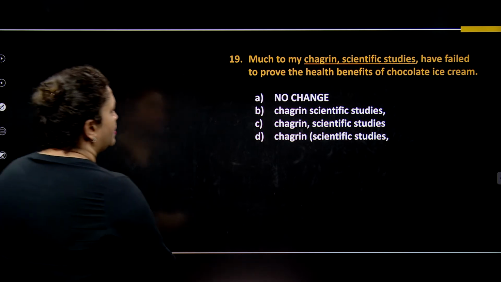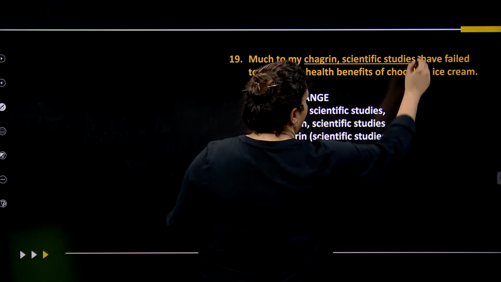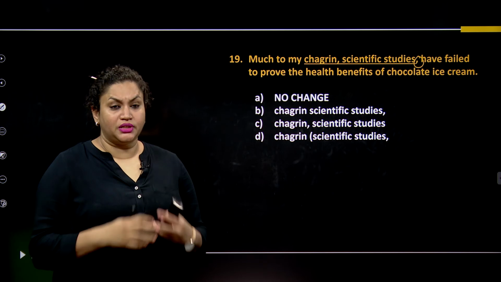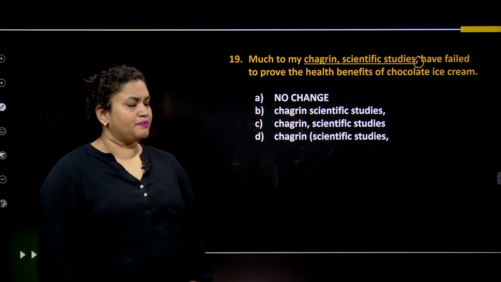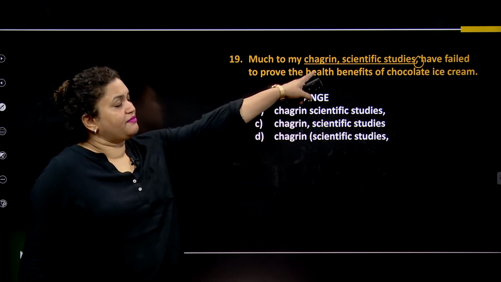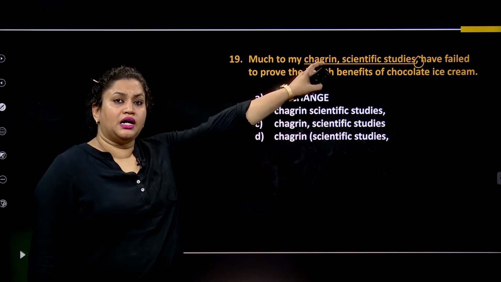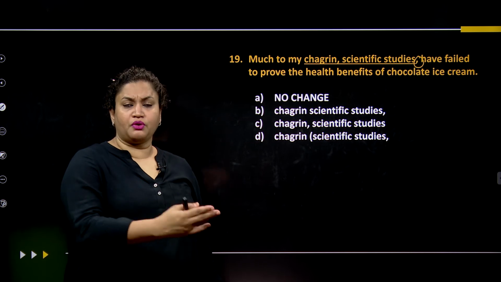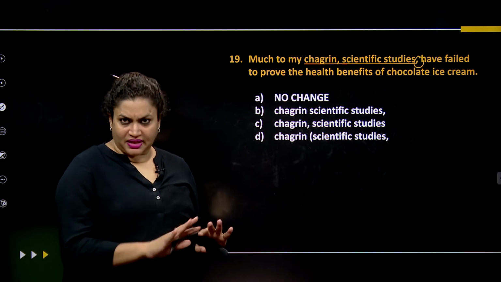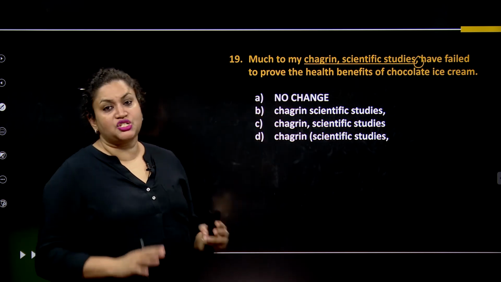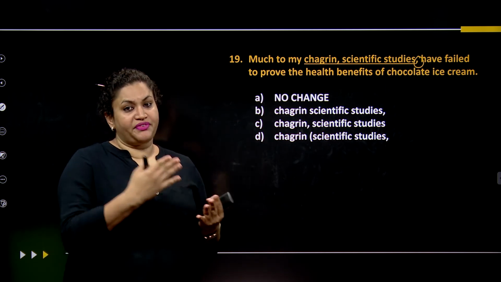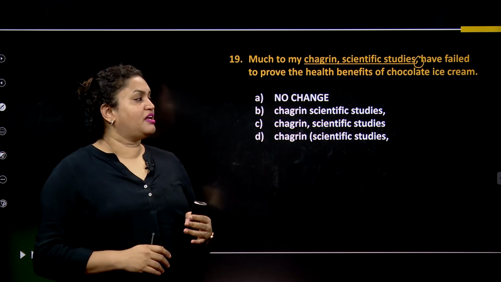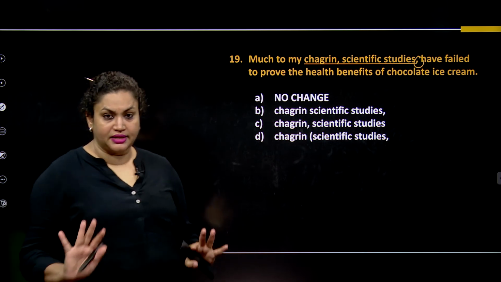Here, this comma might sound legit, but it is not, because you have to check that there is no subordinate conjunction here, words like when or where or something like that. Therefore, much to my chagrin, scientific studies have failed to prove the mental benefits of chocolate ice cream is a continuous sentence.